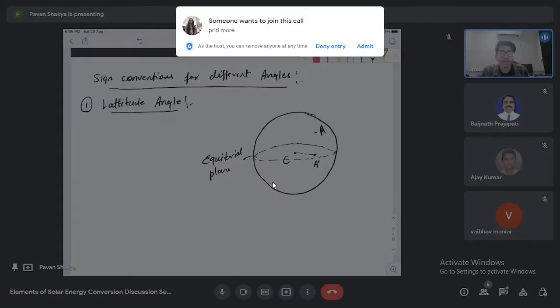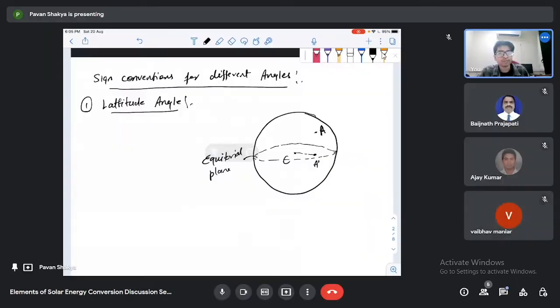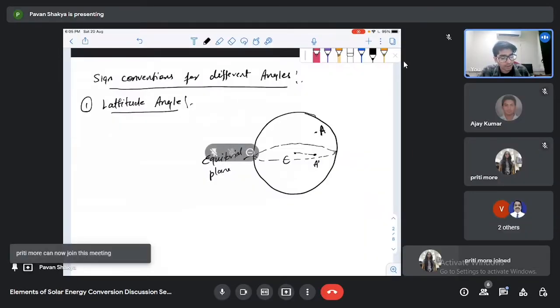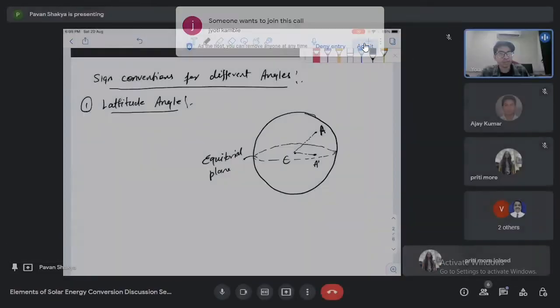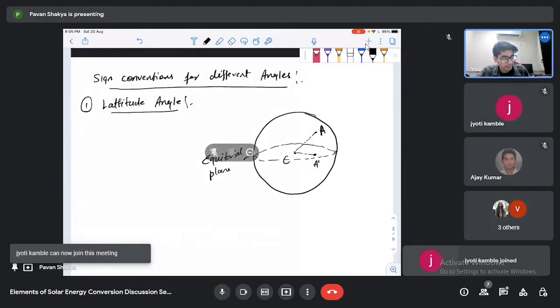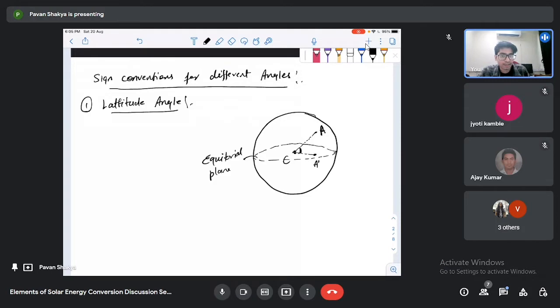Then if we connect the observer location with the center, the angle between the projection and the line connecting the location to the center is called the latitude angle L.